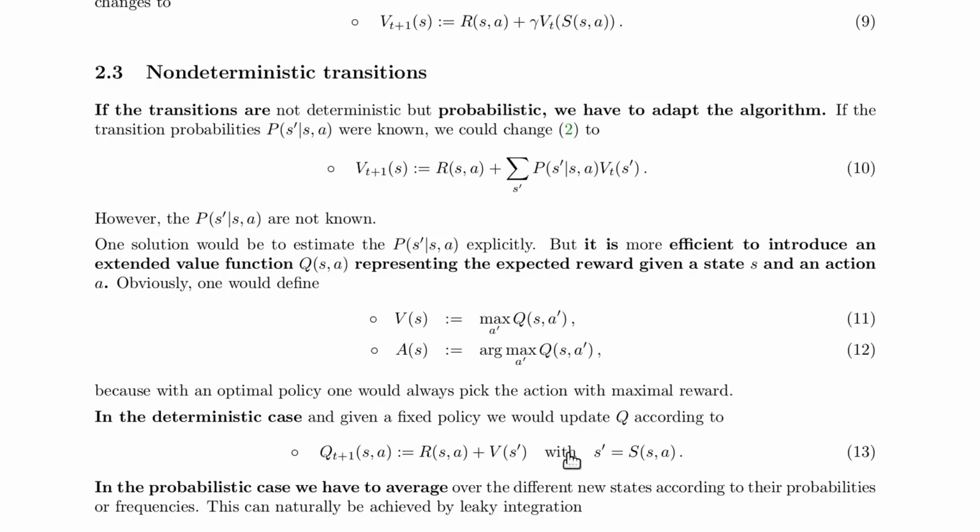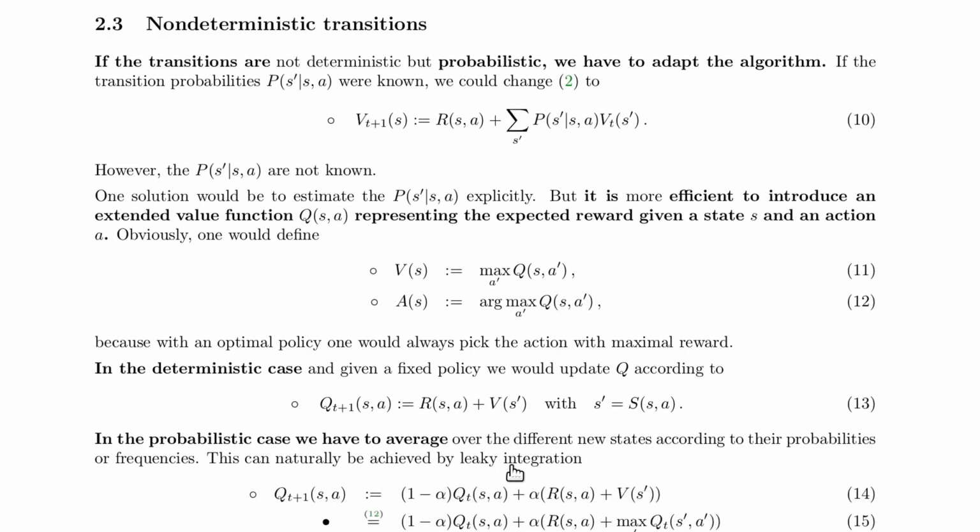S dash would be the deterministically determined new state given we are in state S and take action A. However, in the probabilistic case, where we have non-deterministic transitions, this S dash is not clearly determined. Sometimes maybe with 20% you would go left, and with 50% you would go down, and with 30% you would go right or something. So you would need to average over the different states.